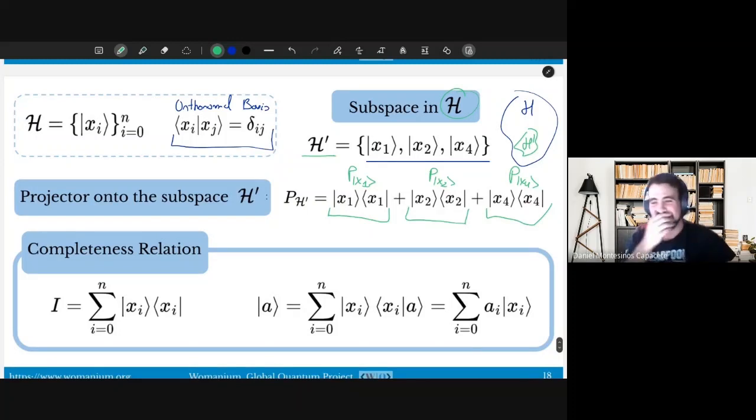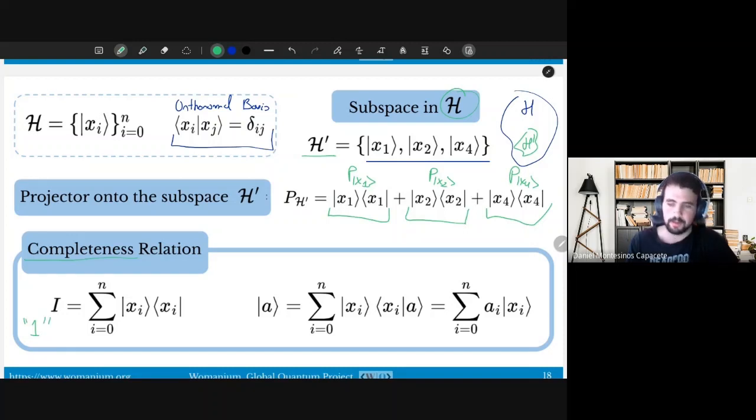Finally, one more idea, which I believe is more complicated but extremely important and useful, is completeness. I can pronounce this relation here, which is basically this identity. Here you have the identity matrix, which is the neutral element, like one if you are working with numbers.